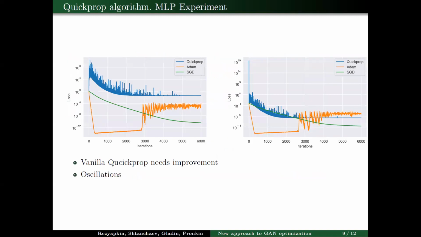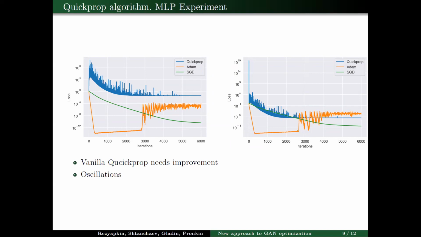Next slide, please. So we've considered a couple of experiments, one of which was simple multi-layer perceptron. Selecting appropriate learning rates and then conducting the experiment, we've achieved the following results. On the left-hand side, you can see vanilla implementation of the Quickprop algorithm. You can see that there are high oscillations in the beginning, but at the end it converges, but the results are worse than ADAM's and SGD's.